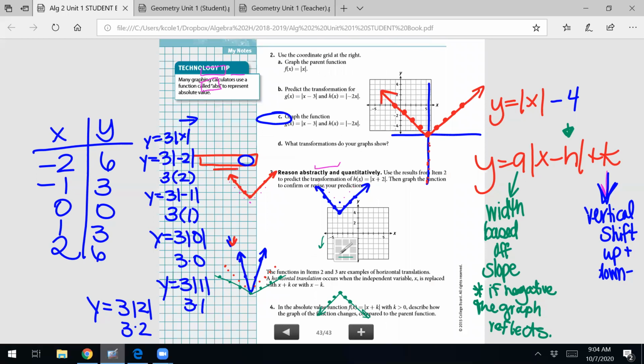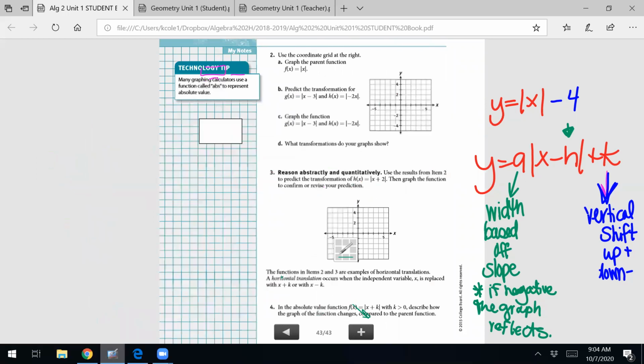We've already talked about up and down. We've talked about the width. So what would be left? We've gone up and down. That's the only other thing that's left, to go side to side. So H is going to be our horizontal shift. It's not rocket science. Don't make it hard.